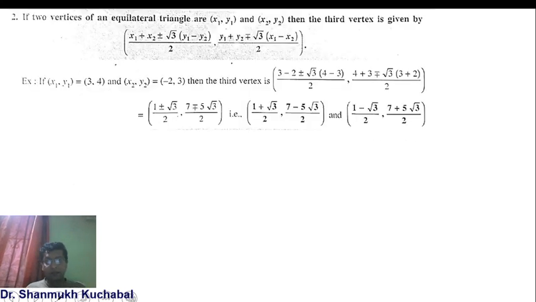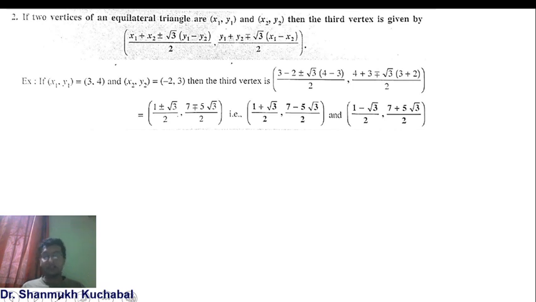Yes. So next point, if two vertices of an equilateral triangle are given, you know what is meant by equilateral. An equilateral triangle has all sides of equal length, and all angles are exactly equal to 60 degrees. Such a triangle we call an equilateral triangle. Here the points are x1 y1 and x2 y2.